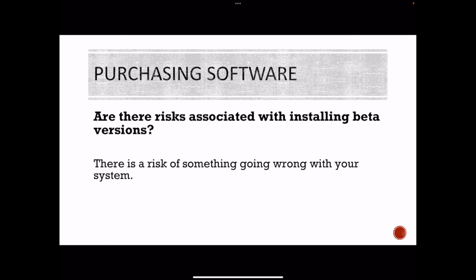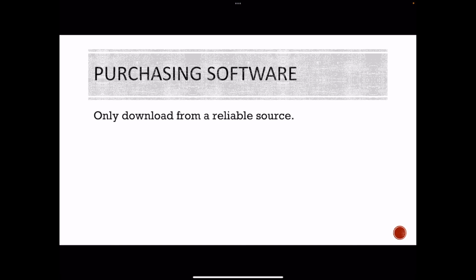So again, some people like to deal with beta versions. They like to see what's new right away, see what it's like. And again, the biggest thing is to wait till the gold version comes out, which is after they've made a lot of corrections, and only download from a reliable source.